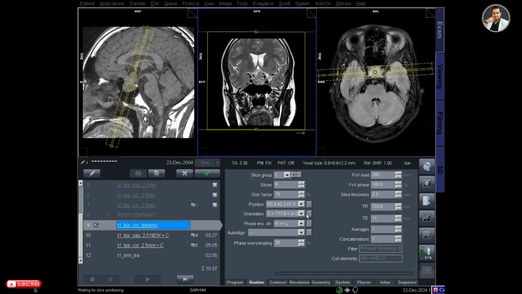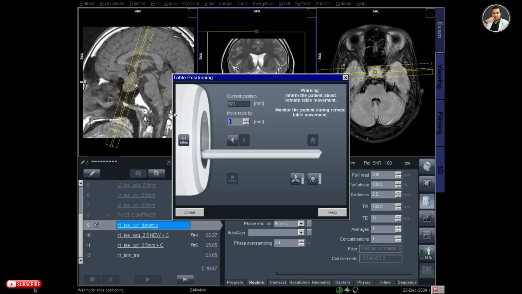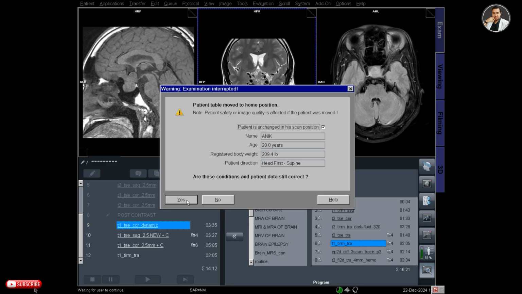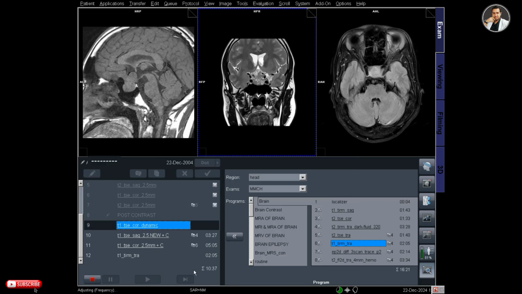The needle is inserted into the patient's vein, and my attendant is ready inside the MRI room. So move in the patient, as the needle is inserted and the injection is ready, and then play the T1 coronal dynamic sequence. This is the planning. Click the apply button, and now the dynamic will scan.